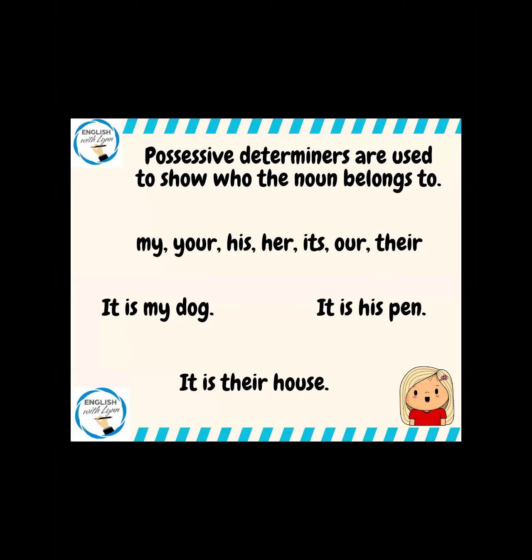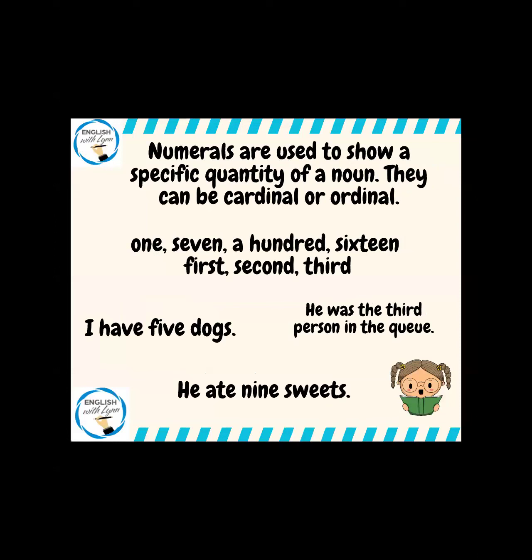So the next group that we are going to be looking at are called numerals. And when we speak about numerals, we are speaking about numbers. And when we use numerals, we are speaking about a specific quantity of something. That means that when you use this, it needs to be used with what we call a countable noun.